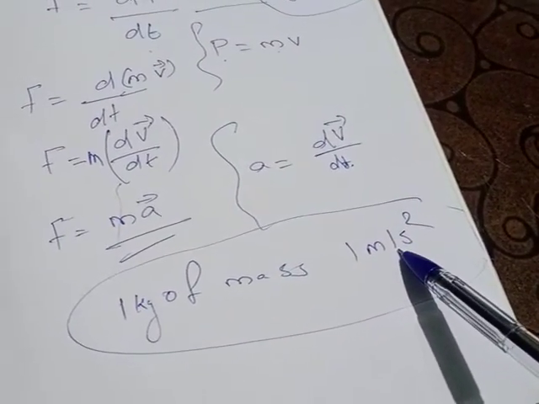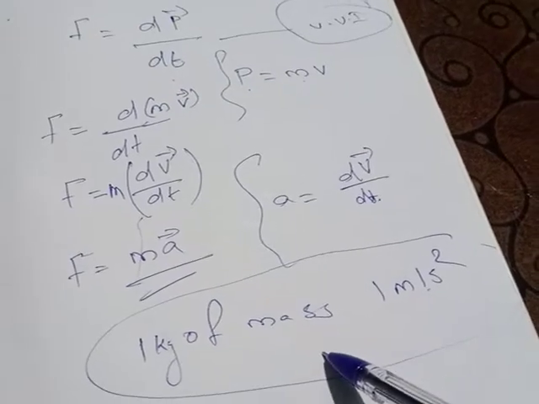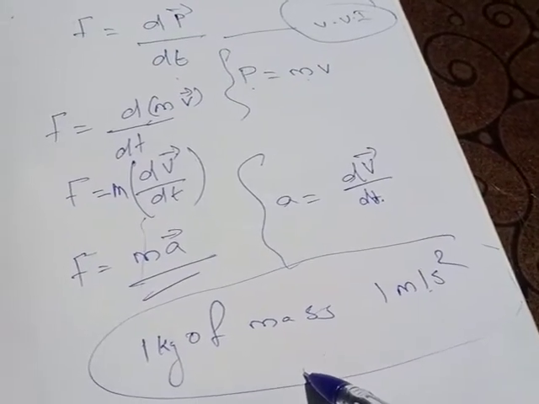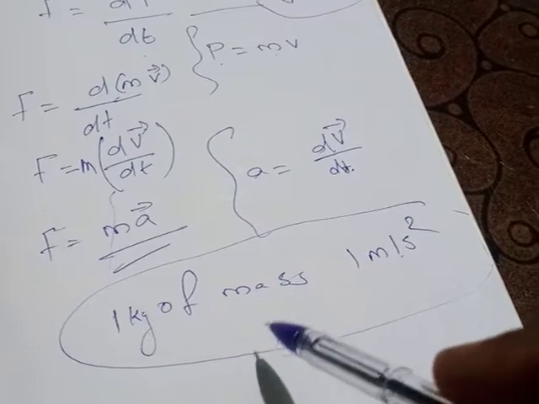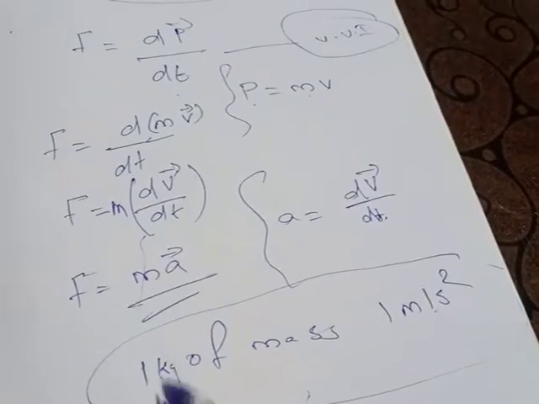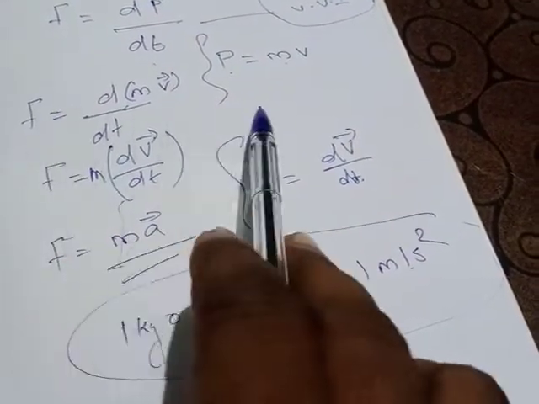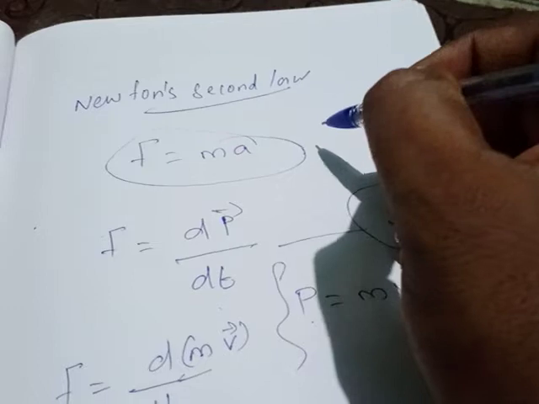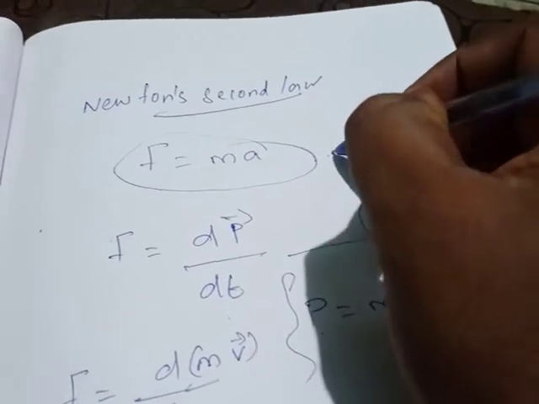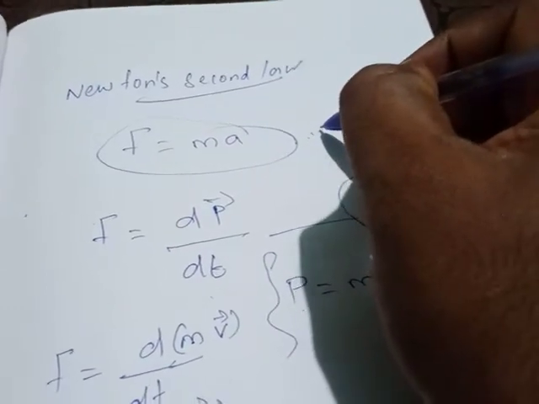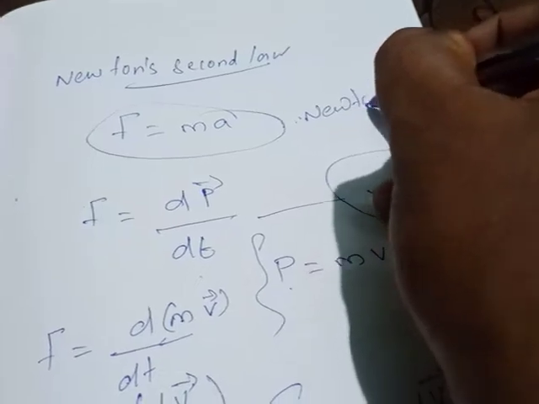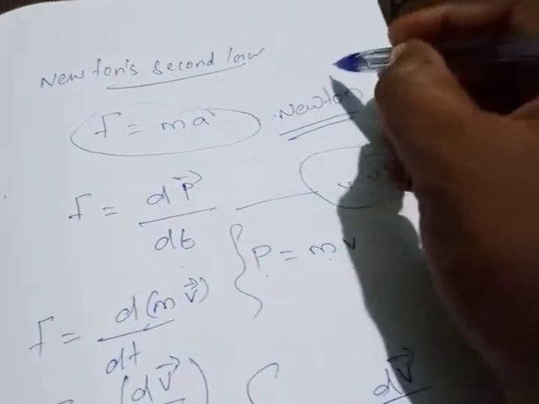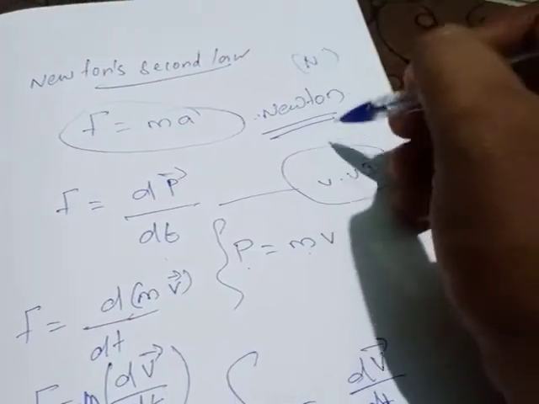That is what we call 1 Newton. We know Newton's second law, F is equal to ma, and the unit of force is also described using this law. The unit of force is Newton, and we use the symbol N.